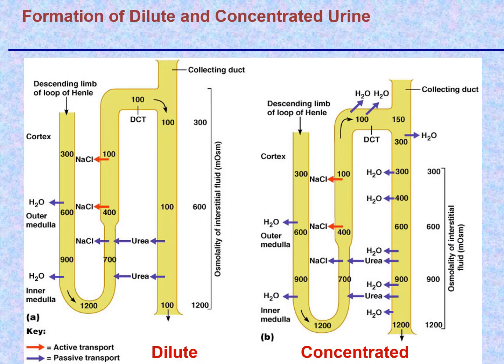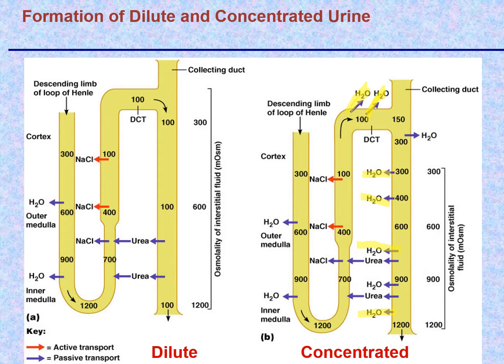And here you see again, I showed you previously in Unit 2A the same diagram of formation of dilute versus concentrated urine. In the case of concentrated urine, you're getting more sodium going out, but less water, and that's because you have antidiuretic hormone being released, and that release of antidiuretic hormone allows for the movement of water from the collecting tubule and also from the distal convoluted tubule, so it gets reabsorbed.